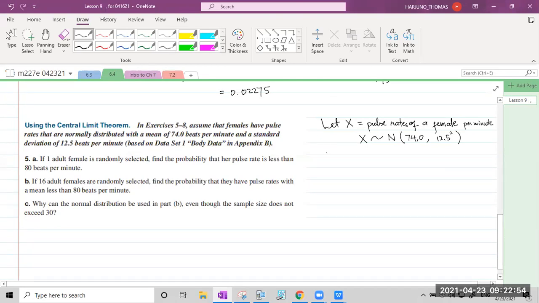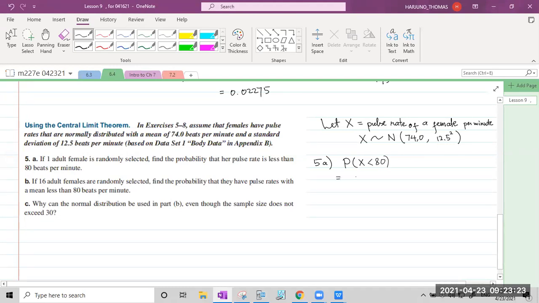Okay, now number 5A. If one adult female is randomly selected, find the probability that her pulse rate is less than 80 per minute.